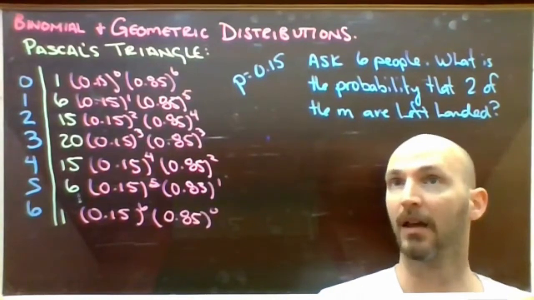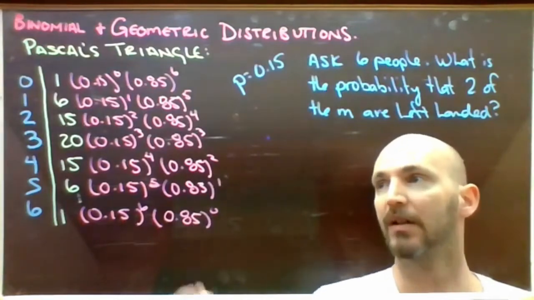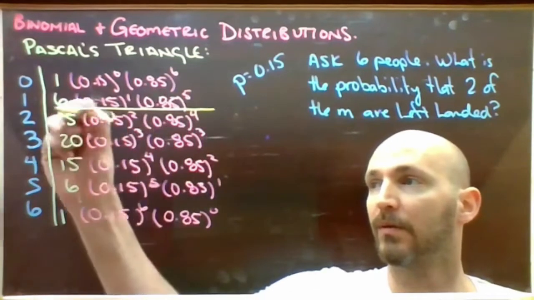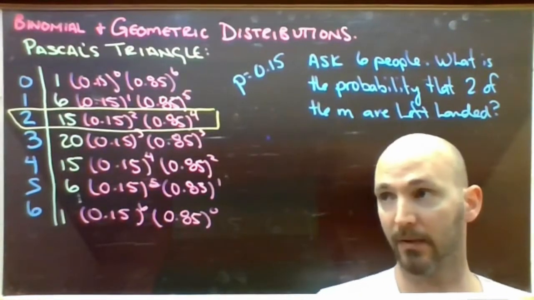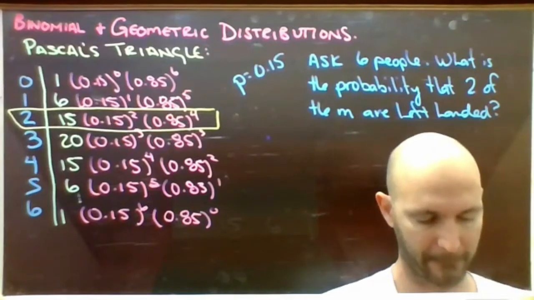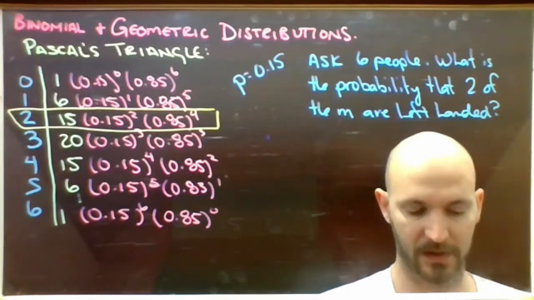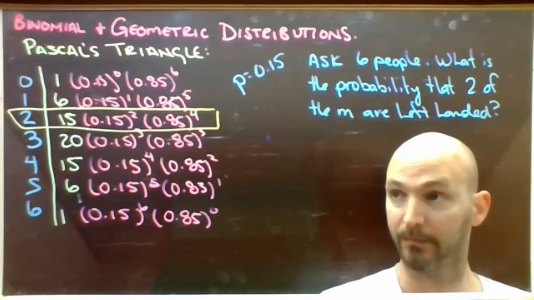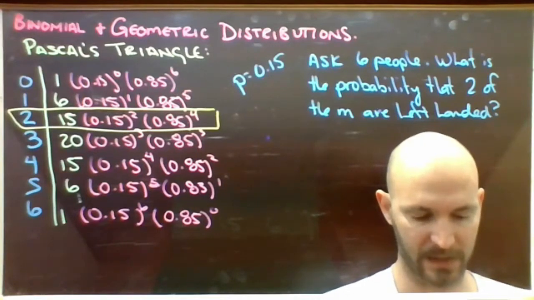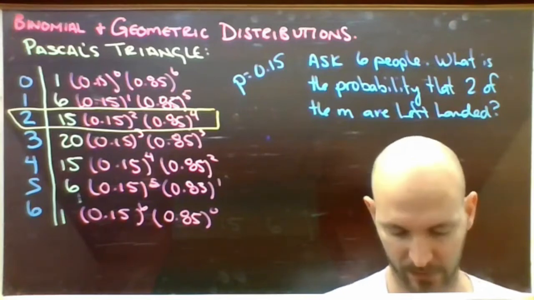All right. Now the question asks, what is the probability that 2 of them are left-handed? Exactly 2. So that would be this row. If I were to pluck that out of there, 0.15 squared times 0.85 to the exponent 4 times 15 is 0.1762 if I round.